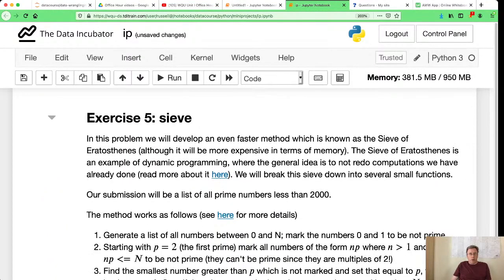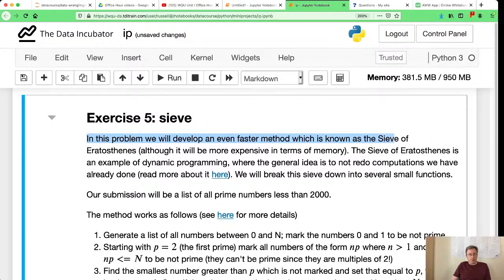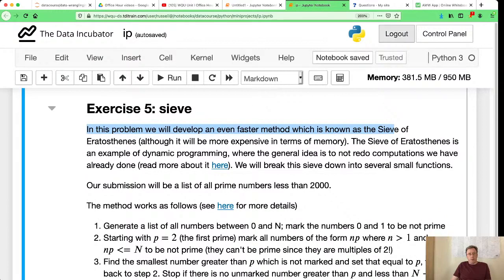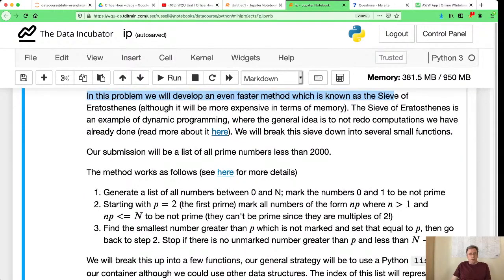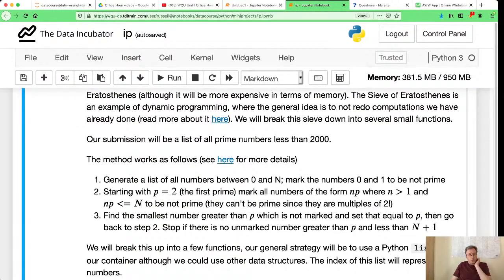Right, yeah, it says here there's a faster method, the Sieve of Eratosthenes, to generate prime numbers. And the idea of the Sieve of Eratosthenes is as follows. It says generate a list of all the numbers between 0 and n. So what do I do?